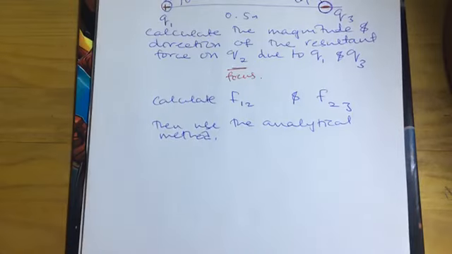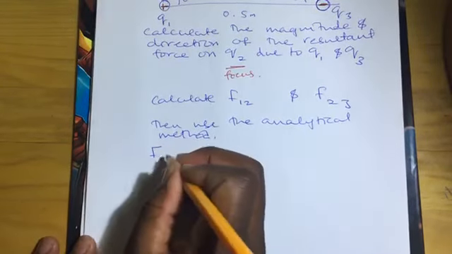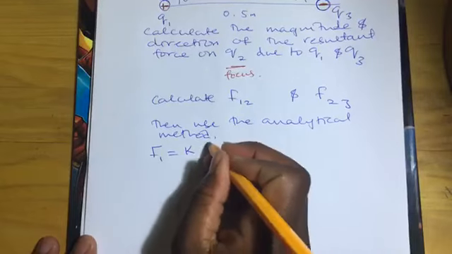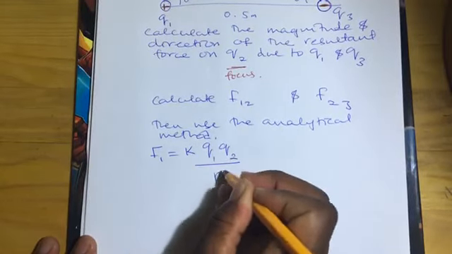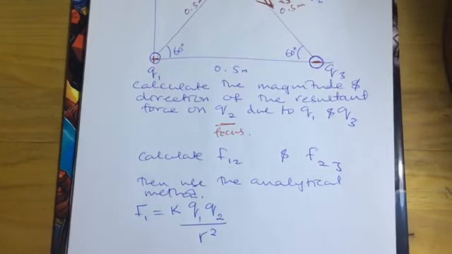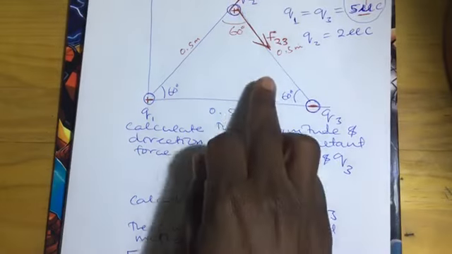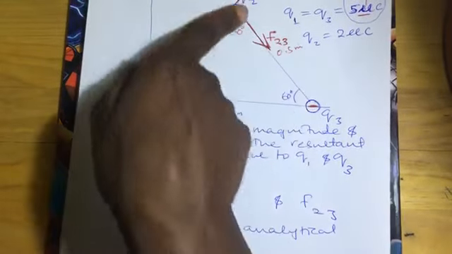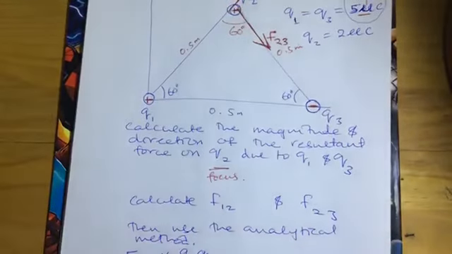F12 is going to be K Q1 times Q2 divided by R squared. F23 is an attractive force, so it will point towards what it is being attracted to.